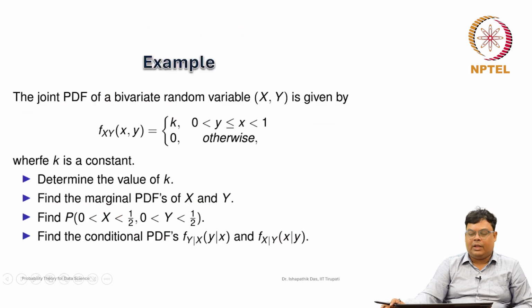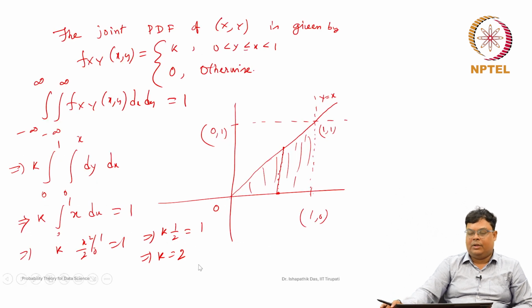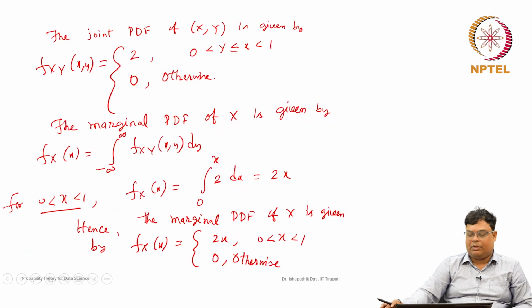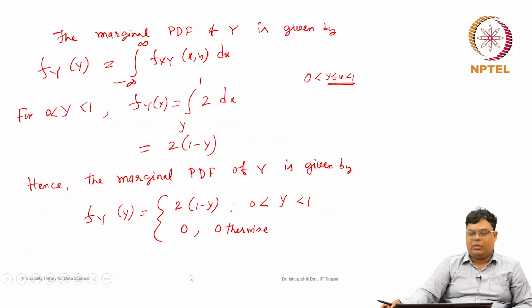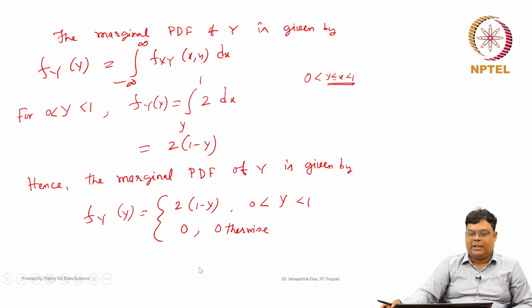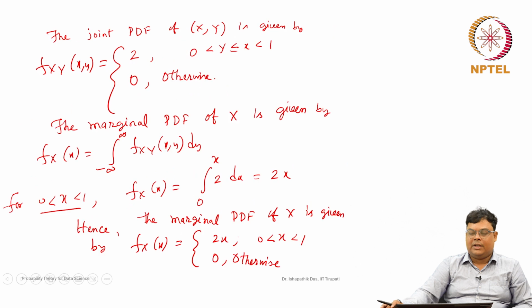Now, the last question is to find the conditional probability density functions of y given x and x given y. Let us find them by definition. Note that these random variables are not independent. You can see that the joint density function is a constant, so this is a uniform distribution.